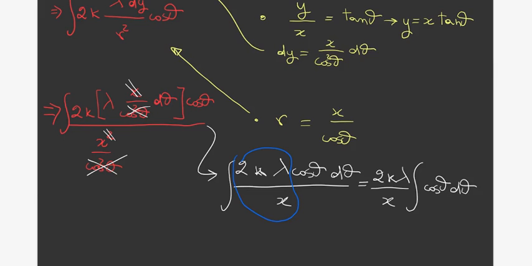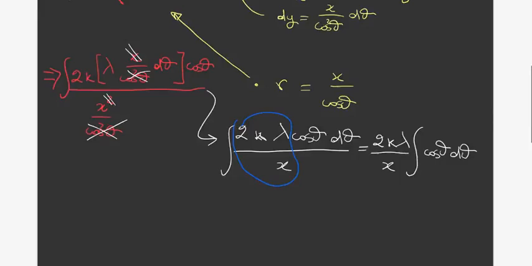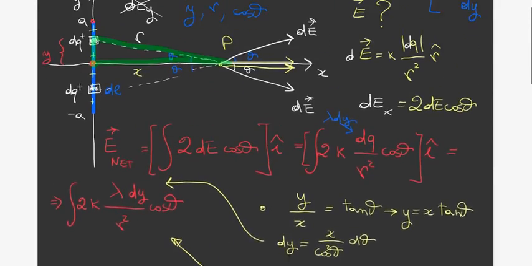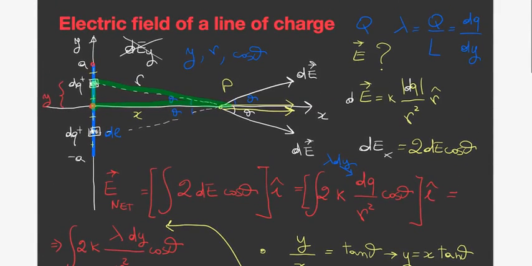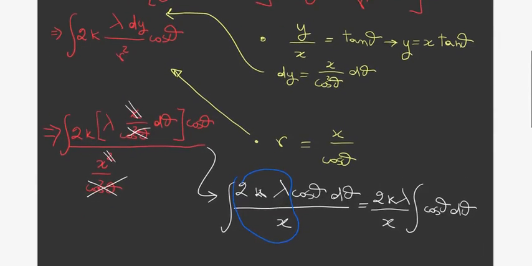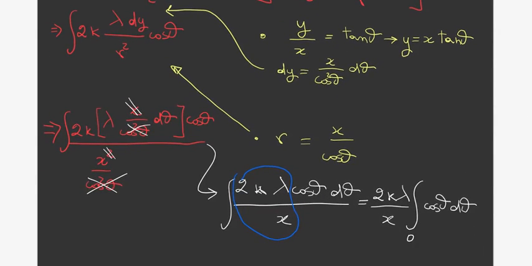Now let's figure out the limits of integration. If I'm looking again at this green highlighted triangle, the angle theta, when the little infinitesimal charge dq is at the origin, is equal to 0. So therefore the lower limit of integration is 0.